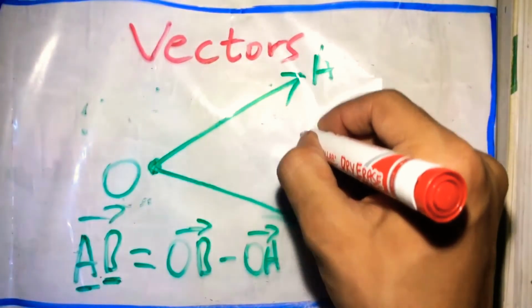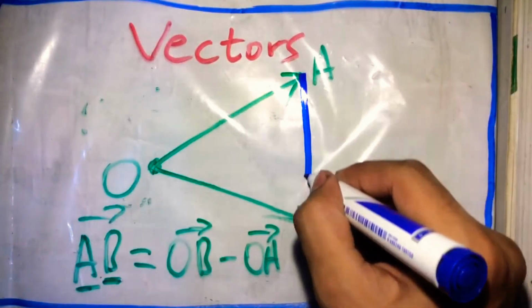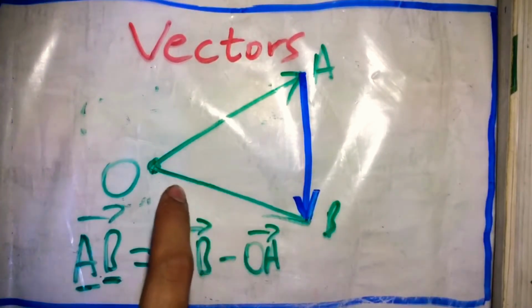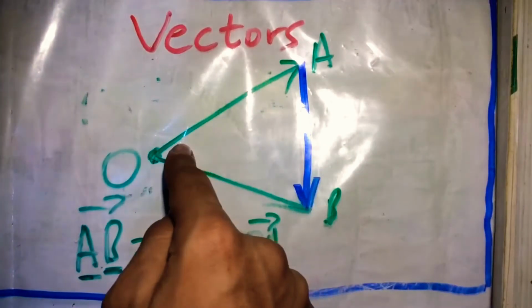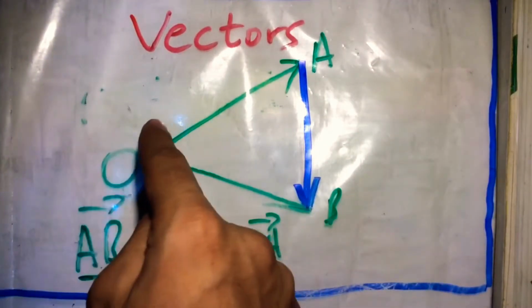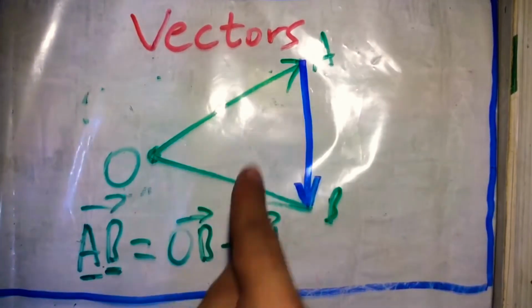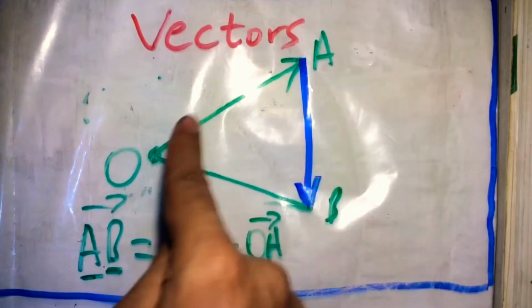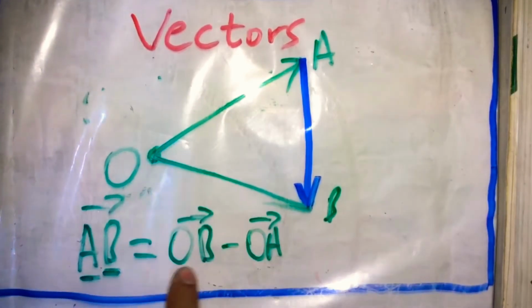If we had to find AB, then the direction of OA should have been from A to O. But we have the position vector from O to A. Therefore, we put a minus sign in front of that to make the direction opposite to it, which becomes AO, and OB is added to it. So it's OB minus OA.